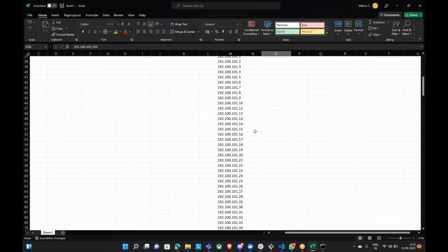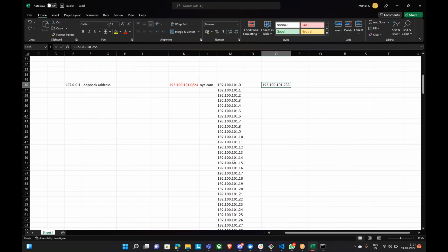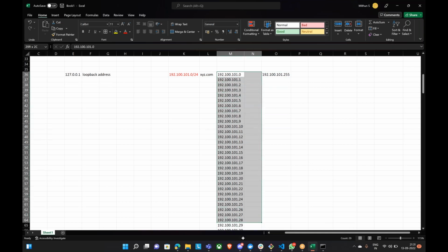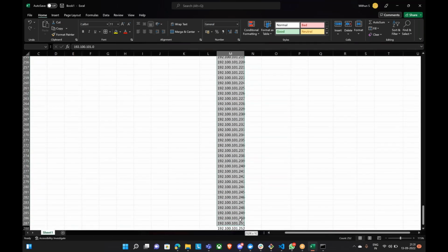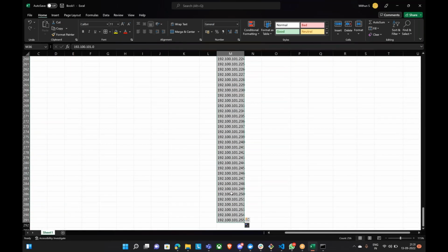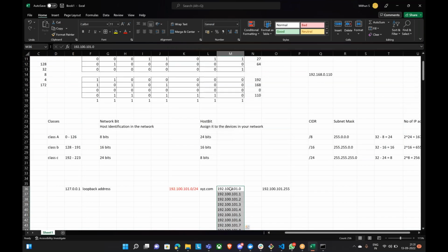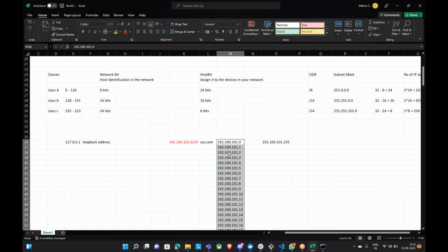So if you are happy with this structure, then what will happen if you choose class C? Your entire devices will be like this, and there won't be any subnetting. Your network is this, and whatever I am showing in the gray portion is your IP address. This is your network ID and this is your host.